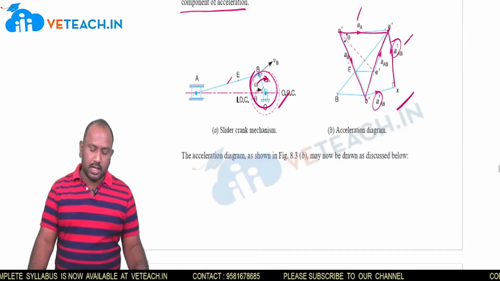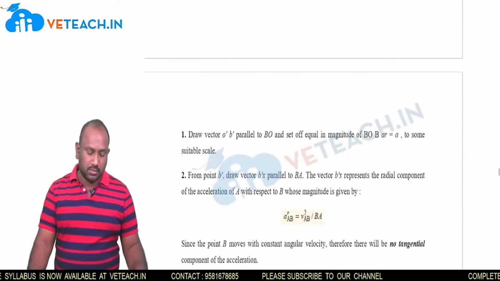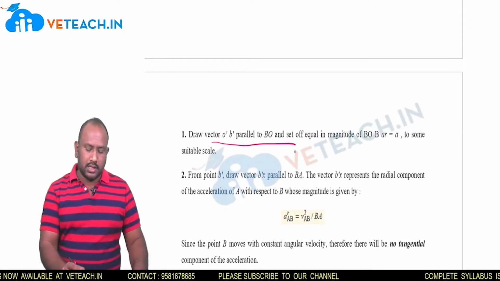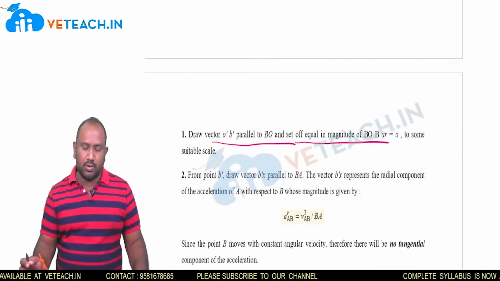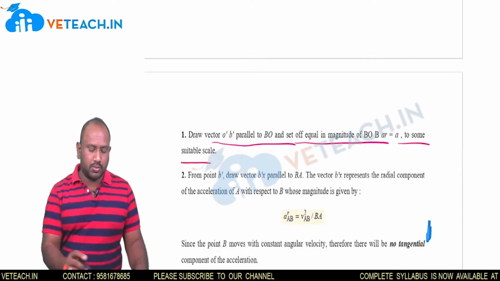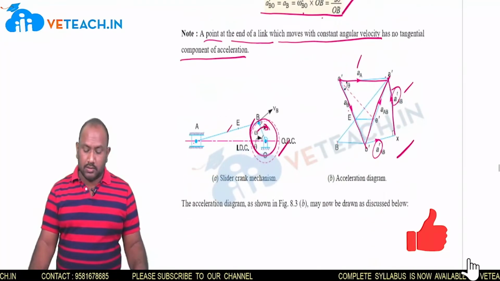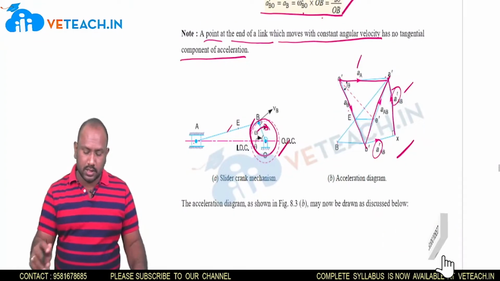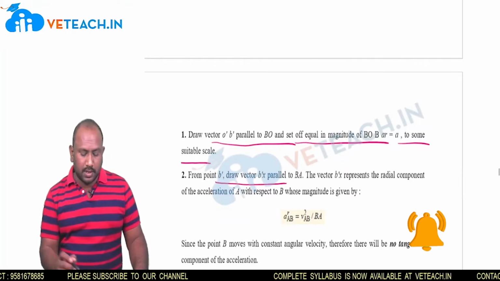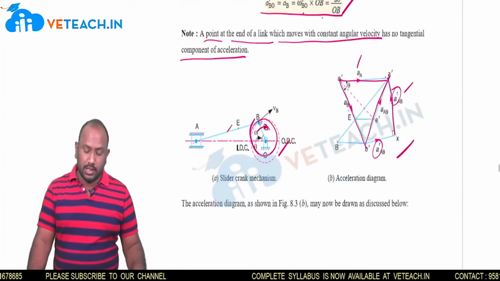The acceleration diagram is as shown in the diagram, as we discussed now. Draw O dash B dash parallel to BO and set of equal magnitude, BO, to some suitable scale. As we discussed, O dash B dash, O dash A dash. From B dash, draw a vector B dash X parallel to BA.